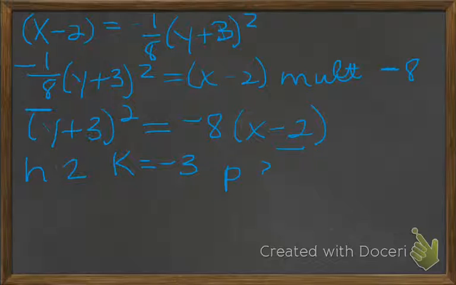And to find this, I know from my formula that 4p equals negative 8. So p equals negative 2. Now once I know that, I'm good to go. So remember these values: 2, -3, and -2.